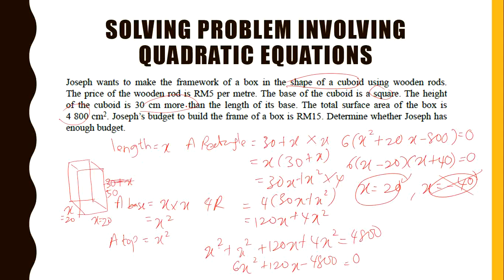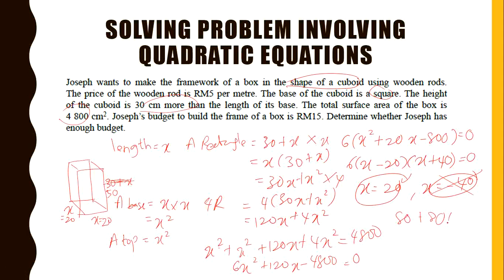Height dia 50 kan? So kita nak buat framework ni, kita kena kira lah dia punya semua rangka-rangka dia ni. Kita kira untuk yang bawah ni, 20, 20, 20, 20. Yang bawah tu will be 80. Campur dengan yang atas juga, 20, 20, 20, 20 will be plus 80. Lepas tu yang ni, height dia is 50 kan? 1, 2, 3, 4.